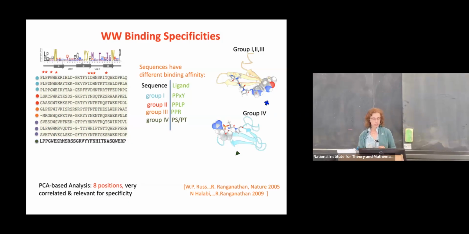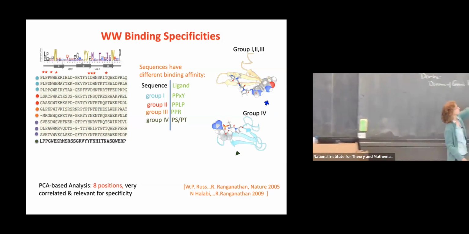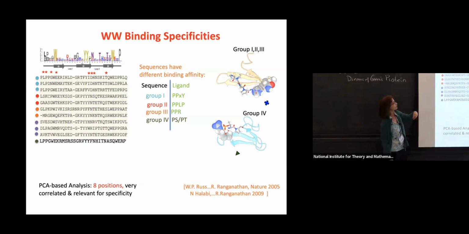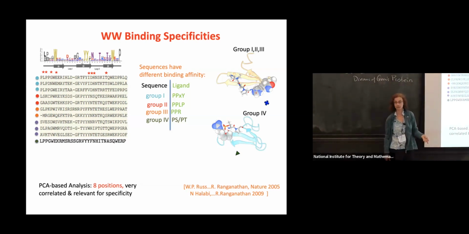Also, you can do principal component-based analysis or the sector analysis made by Rama, and you identify this position here with a star as a very key position for this binding specificity.